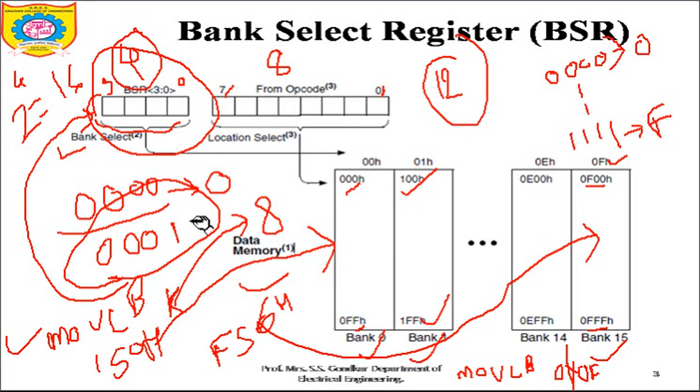In order to select this bank we are using this bank select, and these 8 bits are used for the RAM locations. So this was all about the bank select register. This is one of the most important registers as far as the PIC 18F458 family is concerned. Thank you.